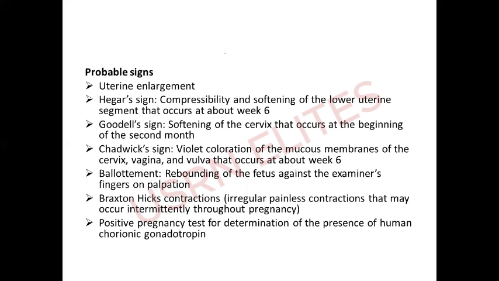Then we have the positive pregnancy sign. And so you have to understand that a positive pregnancy test is not a positive sign of pregnancy. Especially if it is HCG, that is human chorionic gonadotropin level, that when you do your normal UPT test, it is the human chorionic gonadotropin level that you are determining.